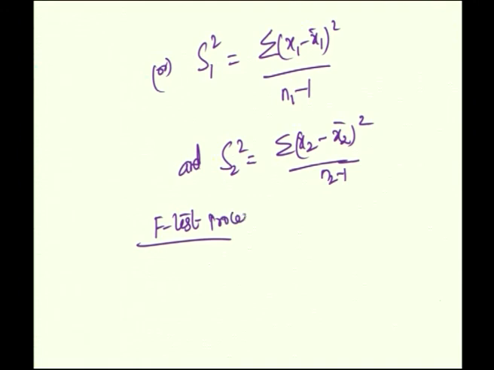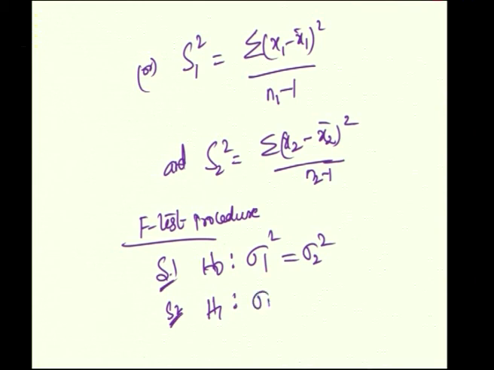For the F test procedure, you should take H0 in step 1 as sigma 1 square is equal to sigma 2 square, in the sense that there is no difference between two population variances, against H1, sigma 1 square is not equal to sigma 2 square.